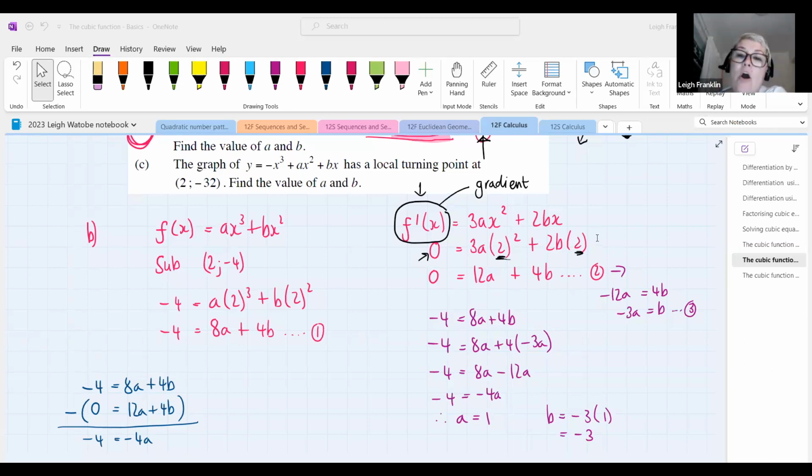But yes, when you are taking the derivative of a cubic function, you get a parabola. And when you take the derivative of a parabola, you end up with a straight line. So that's becoming sort of quite more difficult work. But yes, that is something else that has to be considered as well.